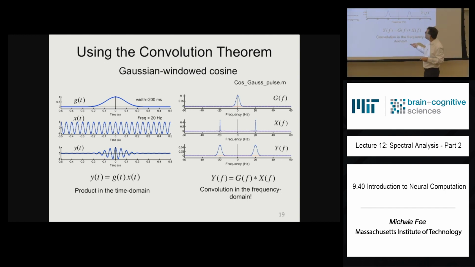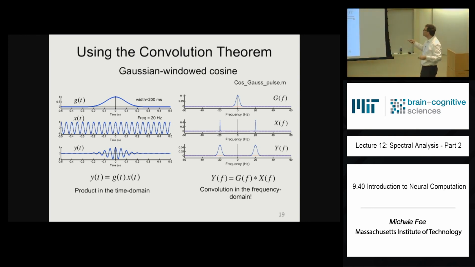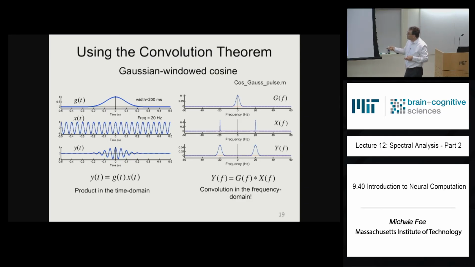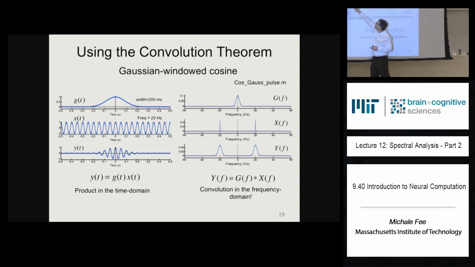The Fourier transform of the cosine function has 2 peaks, one at 20 hertz and one at minus 20. And the Fourier transform of this is just the convolution of this with that, right? You take this Gaussian and you slide it over those 2 peaks. You essentially smooth this with that. Does that make sense?